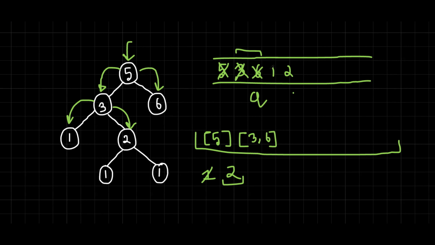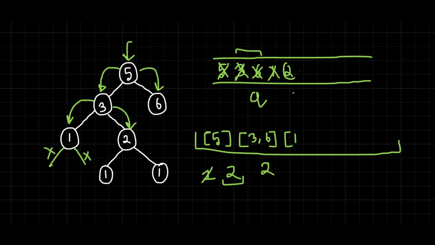Now, what is the queue size? Again, the queue size is 2, which contains 1 and 2. So we insert the value 1 into a vector, and 1 does not have any left or right children, so we remove 1.